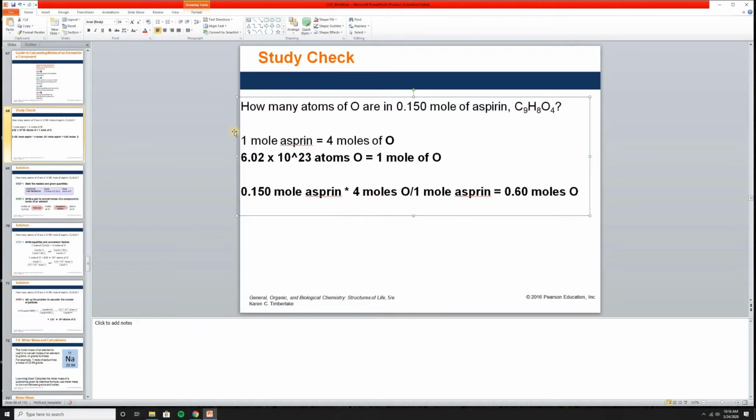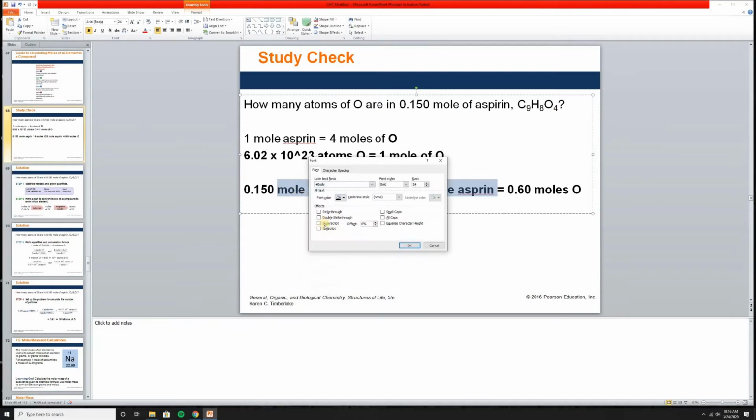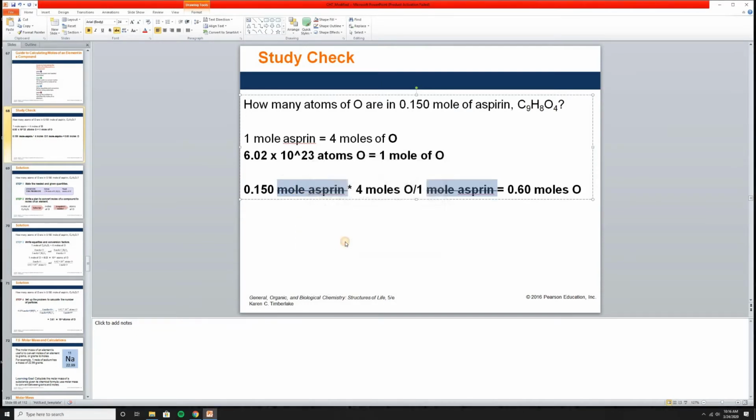What we did was cancel out moles of aspirin with moles of aspirin, numerator and denominator, with a strike through. So you have 0.15 moles of aspirin times 4 moles of oxygen per 1 mole of aspirin, and that equals 0.6 moles of oxygen.